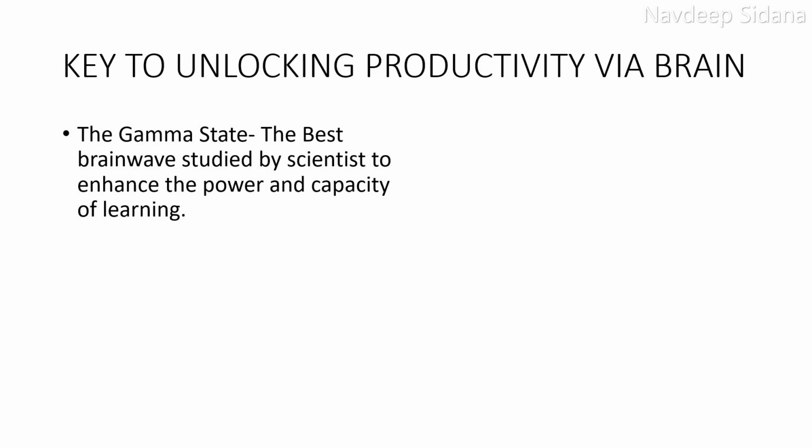This brain also tells us a lot more things which we can use to unlock our productivity, the amount of work which we can do in a certain period of time.